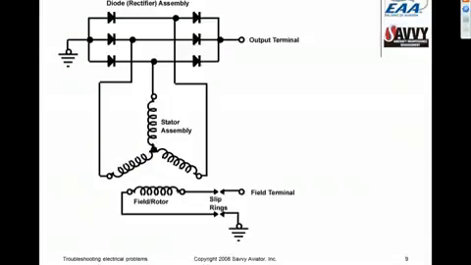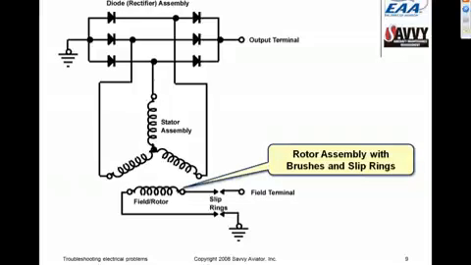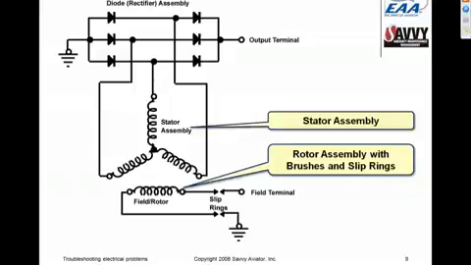This is a quick simplified diagram of a typical aircraft alternator, which basically just has three components. It's got a rotor, which is the thing that is mounted to the shaft and turns when the alternator drive shaft turns. The rotor is supplied with field current through some brushes and slip rings.